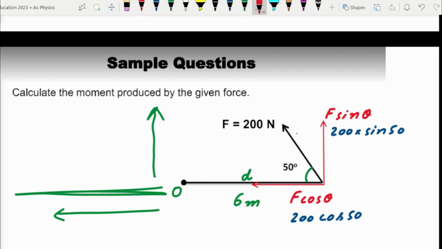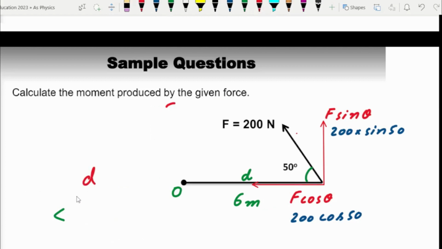F sin theta या F cos theta? See, this situation, the component F sin theta, देखो F sin theta is making an angle of 90 degrees with the distance. So F sin theta is perpendicular to the distance.